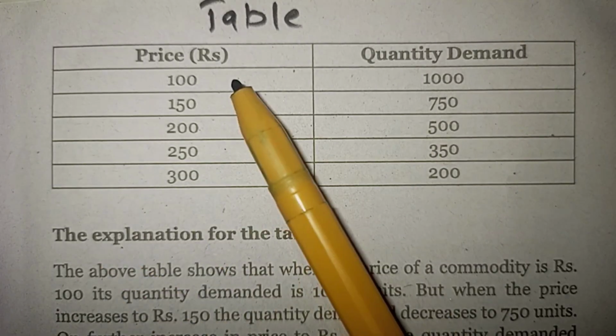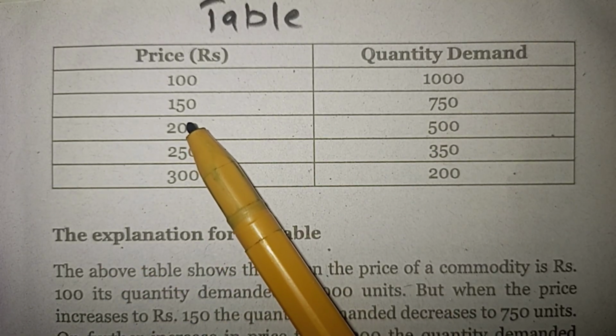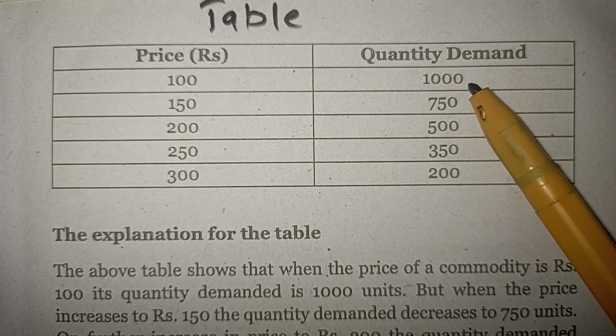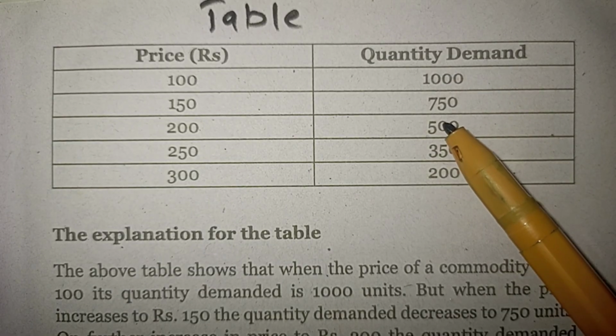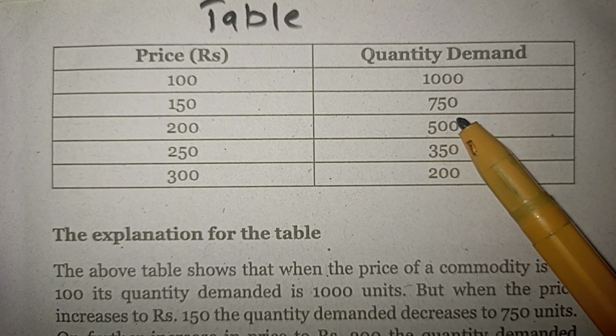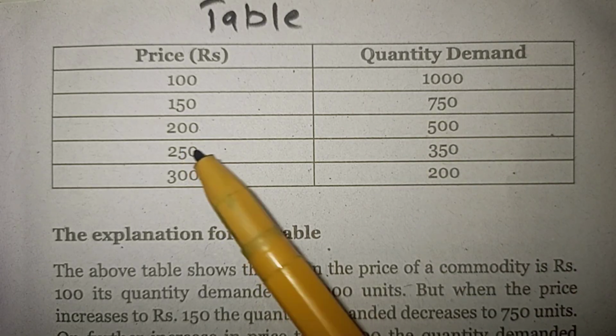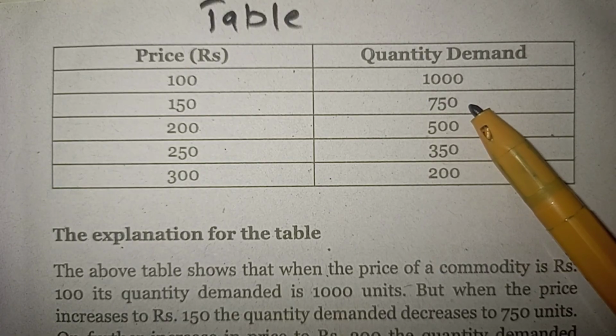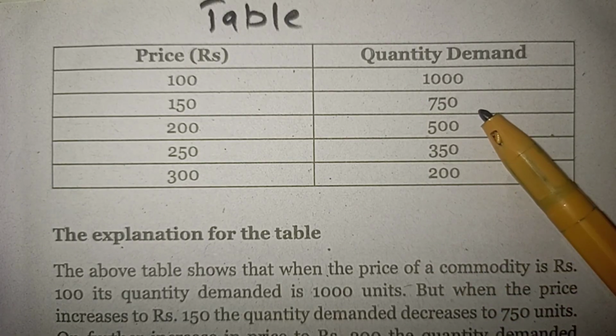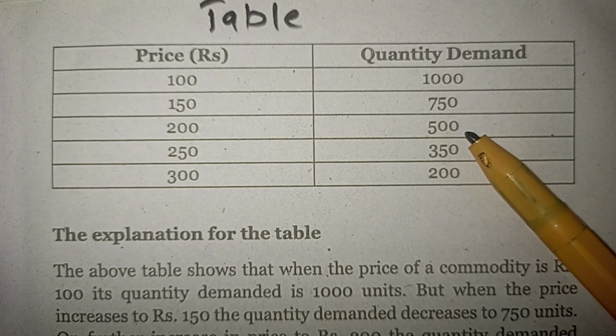Here, a 50 rupee increase decreases demand by 250 kgs. With another 50 rupee increase, demand also decreases, by less.